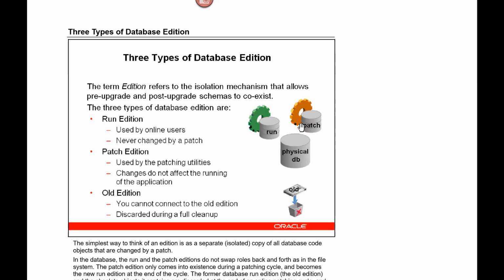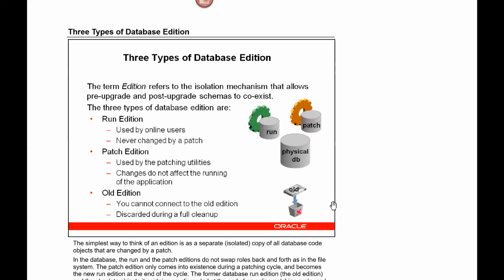Changes do not affect the running system, so any changes will happen to the patch edition only and will not affect the run file system. That is the way it has to be done, because when you are applying a patch, the changes have to be applied on the patch edition only. It cannot be that a user is seeing some table, and when you apply the patch, they see a new table. So those changes are added at the patch edition.